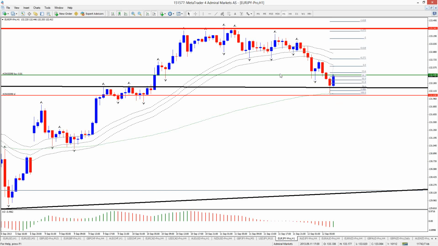So for those of you who are wondering what the band is, it's 34 EMAs, 34-period moving averages, and there are 3 of them: the close, the high, and the low. So that's why you get this band like that.